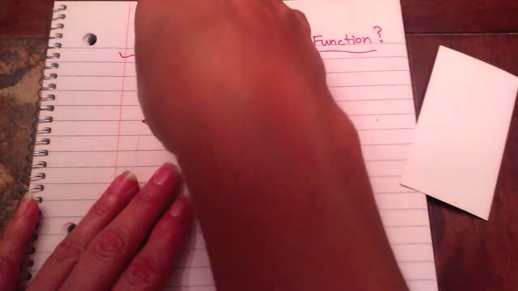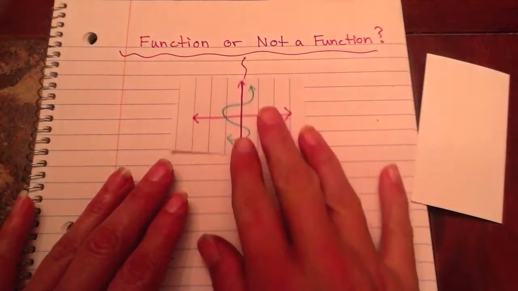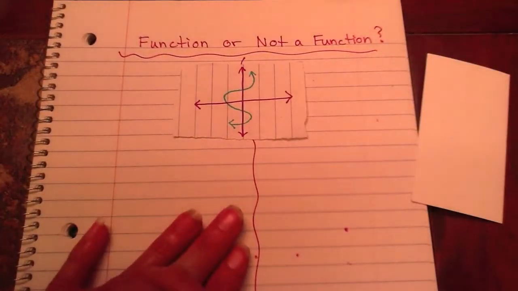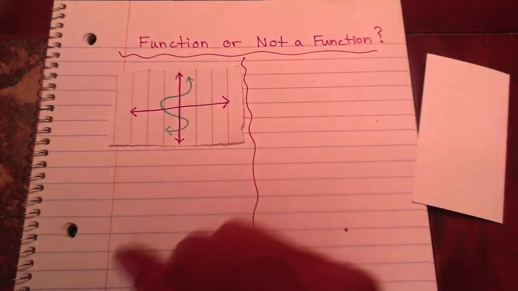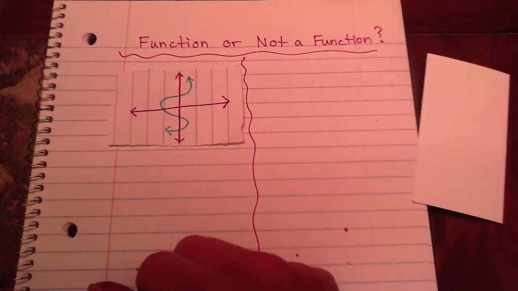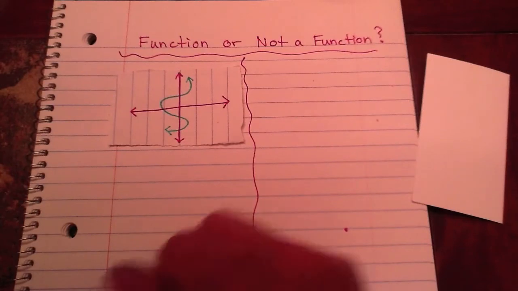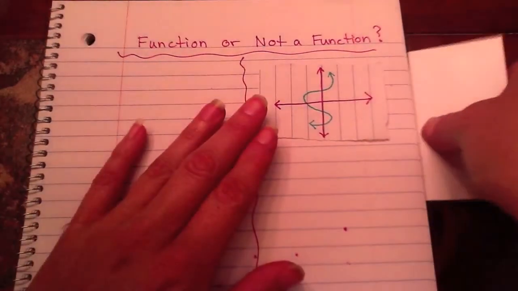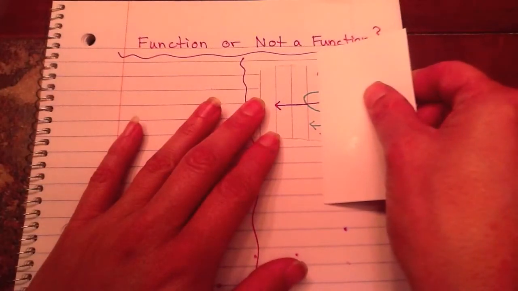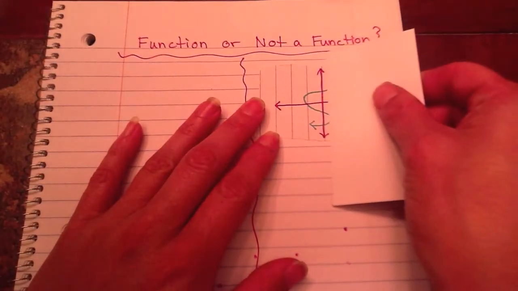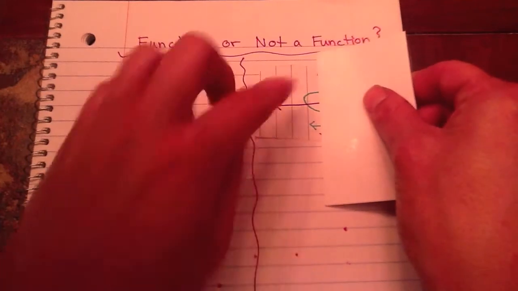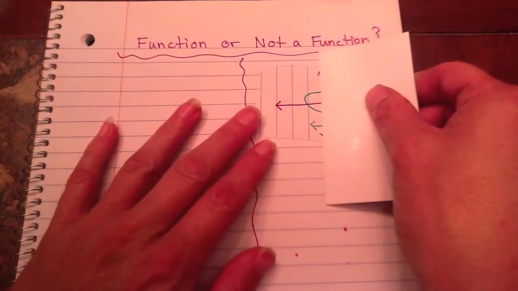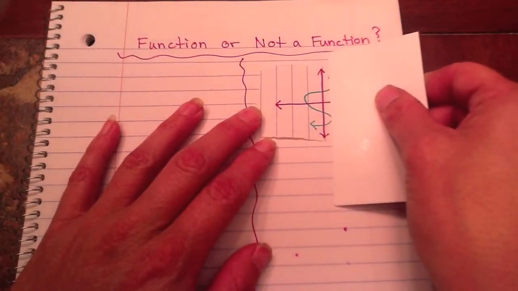What happens when I do this then? Is it still a function? If you were to take this same graph and draw it that way, like an S, it is not a function because it's crossing even 1, 2, 3 places at some points.